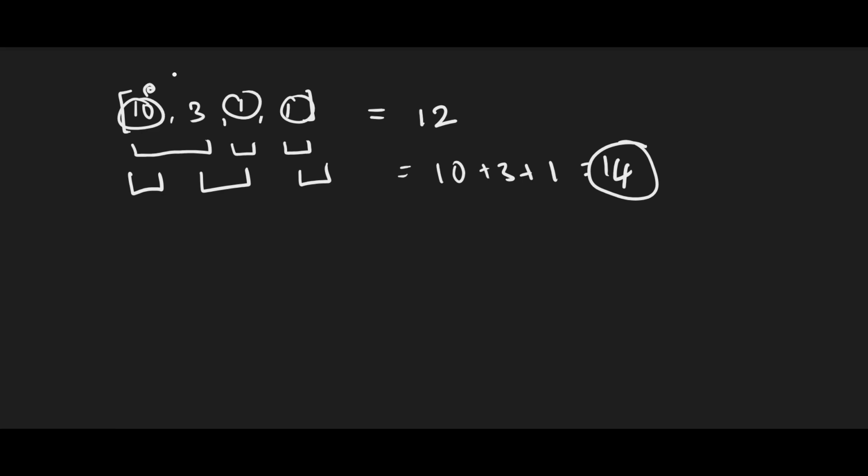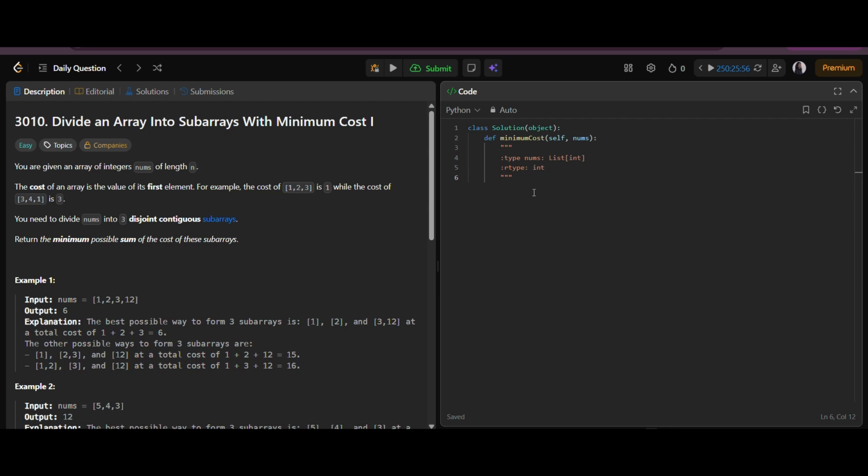If we omit the first element, that is the 0th index, and take the remaining 3 elements and find the 2 smallest numbers, that is 1 and 1 here, and then use them as the first elements of the next 2 subarrays, we will get the minimal cost. This is the intuitive approach that we are going to take for this question.